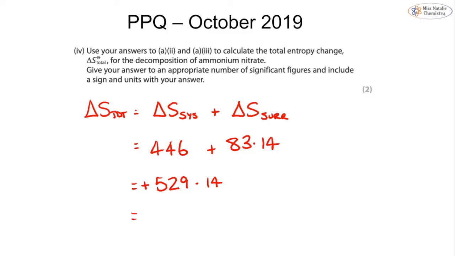And if we want to make this into an appropriate number of significant figures, we would be given most likely 2 or 3 significant figures, because all of our values that we would have been using would be in 2 or 3. So let's change this to positive 529 joules per Kelvin per mole, and that's your 2 marks for your final answer.